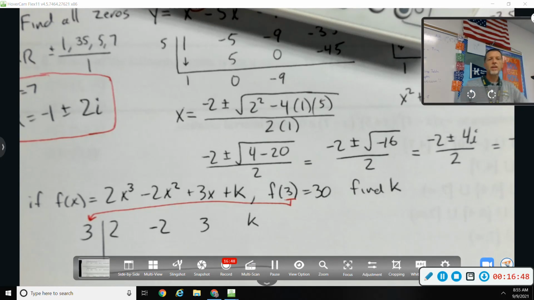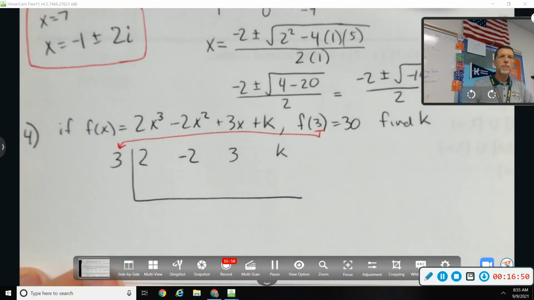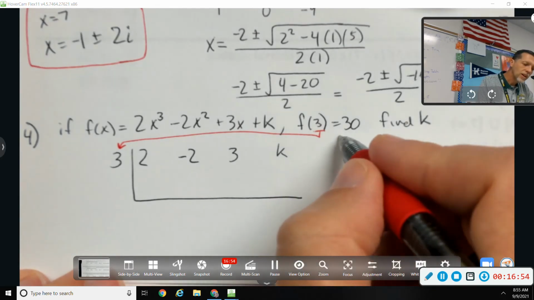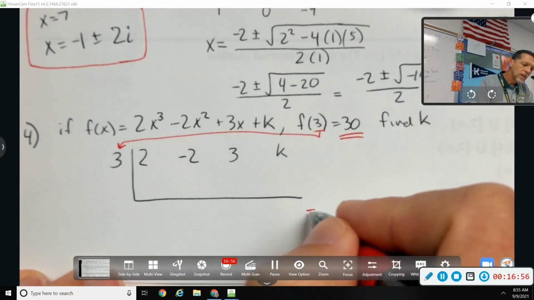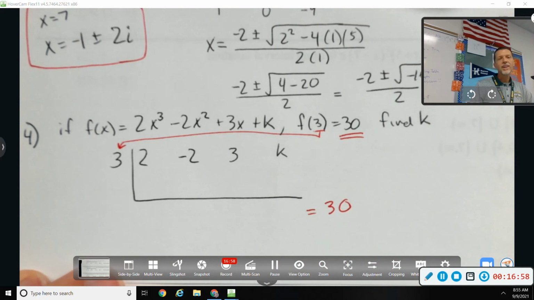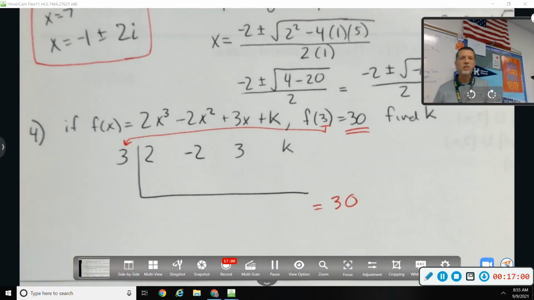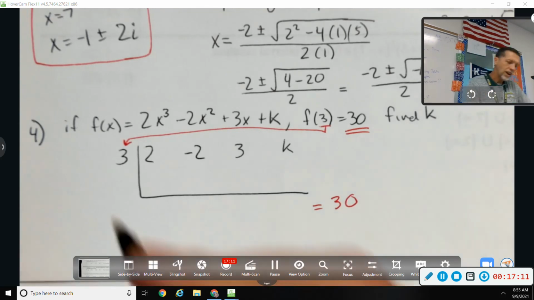Not whatever makes it 0. Whatever makes it 30. So this one's not a 0, it's a 30. We don't use 30s very often, but instead of it being a 0, it equals 30. So when I get to the end, I'll set whatever this is equal to 30 and figure out k that way.